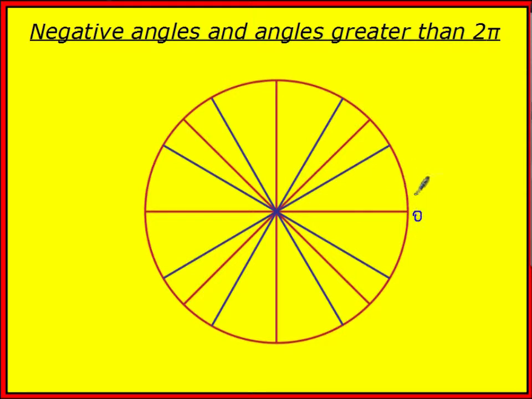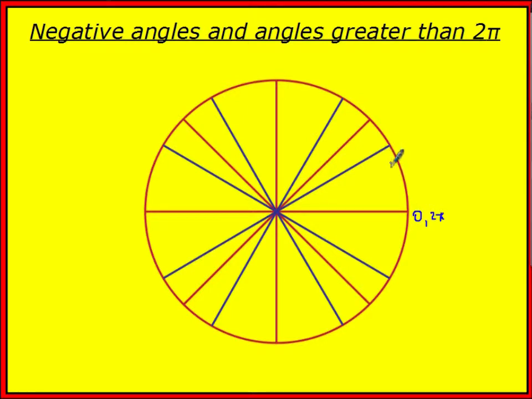So far we've talked about going all the way around the circle in both directions, positive and negative. But when we stopped, we finished at 2 pi. Well, if you're using the pi over 6 circle, for instance, you'd count all the way around to 11, 12 pi over 6.